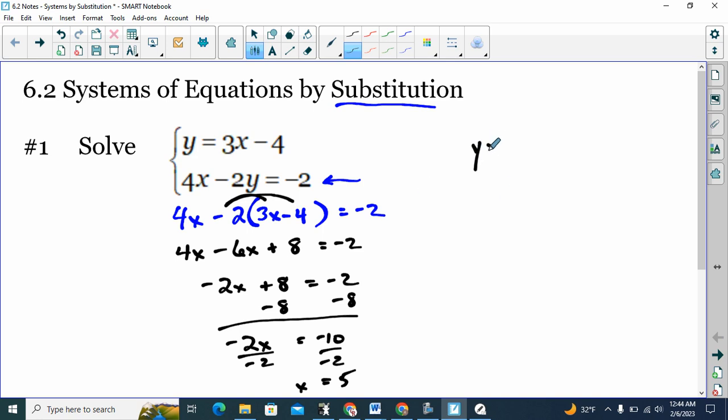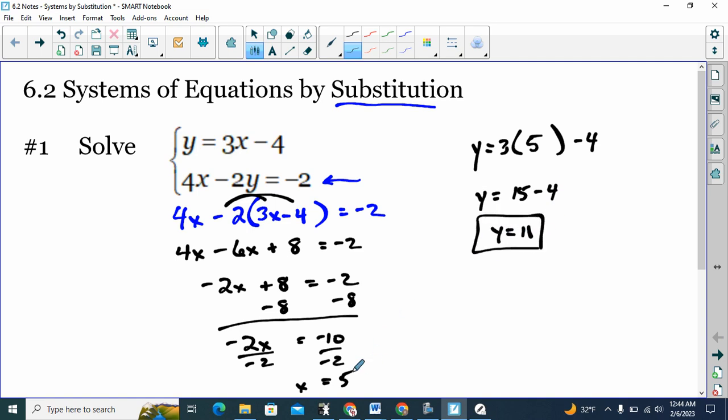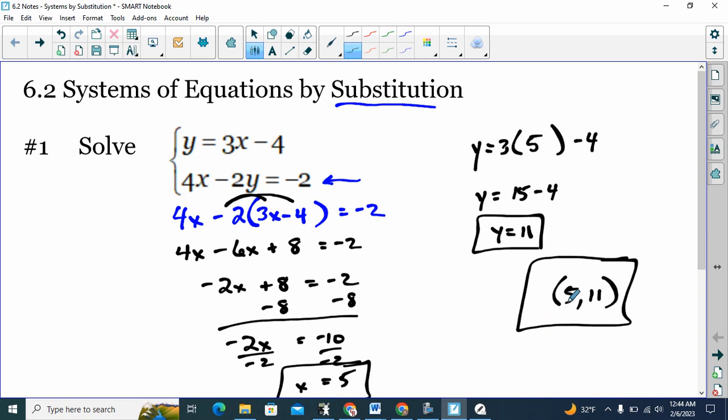I get y equals 3 times x minus 4, but I know x is equal to 5. 3 times 5 is 15. 15 minus 4 gives me 11. X equals 5, y equals 11. You can write it like this, x equals 5, y equals 11, and circle it, or you can write it as an ordered pair, which is how we were doing it last class. Either of those are acceptable.